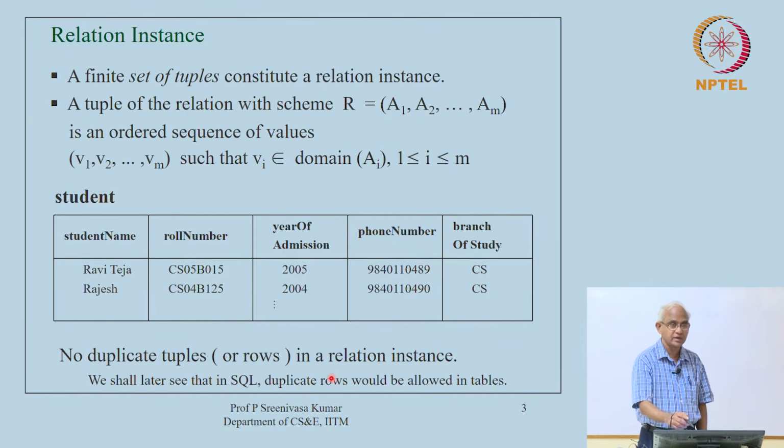Later on, when you deal with SQL tables, for practical reasons we must allow duplicate rows inside SQL tables. We will discuss that when we come to it. But right now, from the relational theory, we will assume that this is a set of tuples and hence there are no duplicate tuples at all.